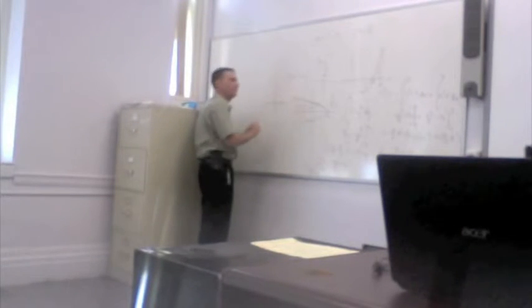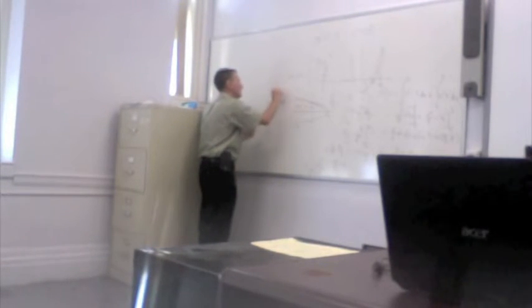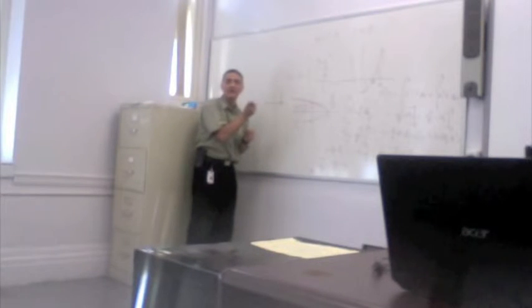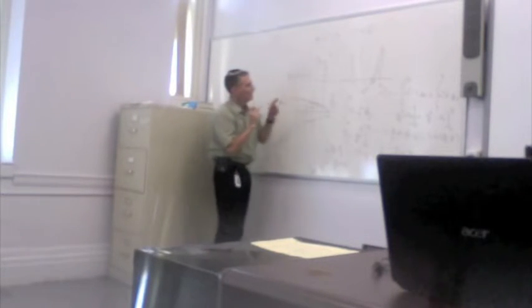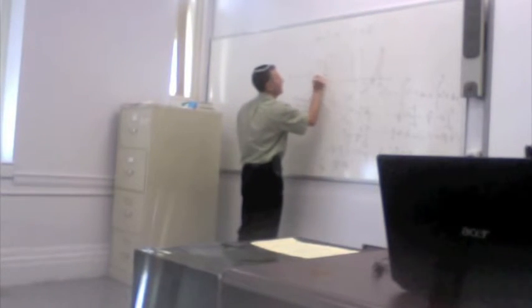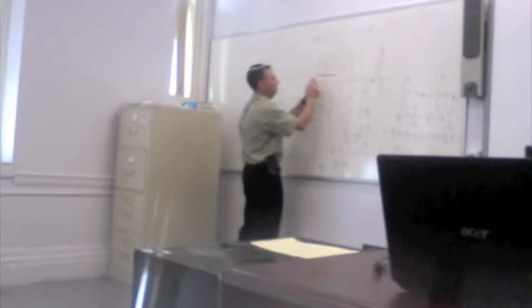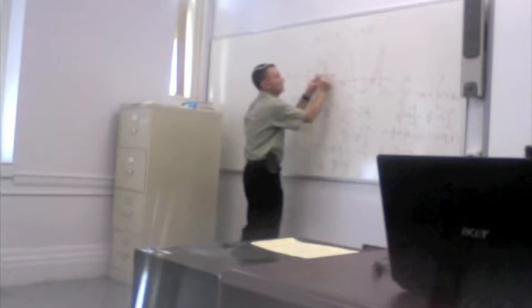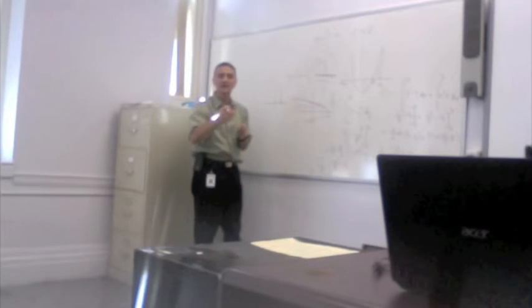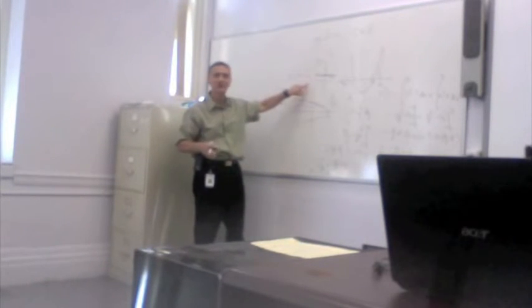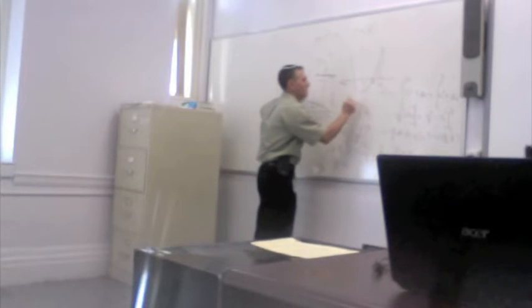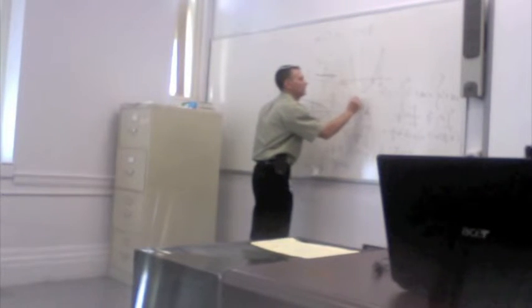When it was cutting through the x-axis, your rectangles are all little base delta x, height y. This way, it's actually a delta y that's the base, and the height, look, this is an x number. The height of the rectangle is x, but x is equal to 4 minus y squared. This is actually an x. That's the height, and that's the base.